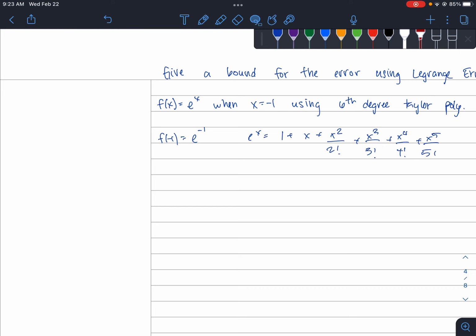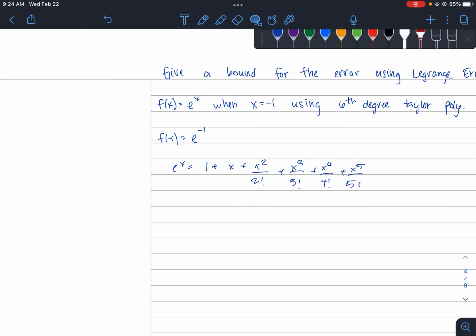And I don't know why I chose 6 terms. I probably should have done shorter. Plus x to the 6th divided by 6 factorial. Okay, so I guess we can say this is approximately e to the x.